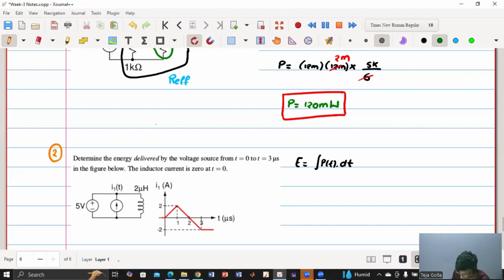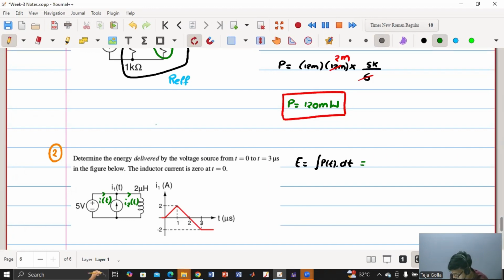Say this is I1 of t, this is I2 of t and this is I of t. If it is delivering, it means the current it is supplying, so that's why I have considered the current like this. The voltage source is delivering because the current direction is out of the element. It means it is supplying the current and delivering the energy.